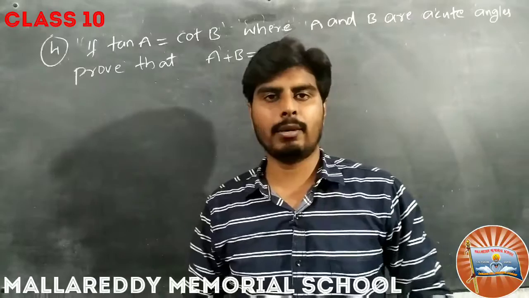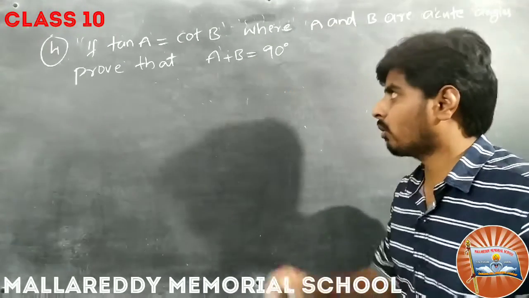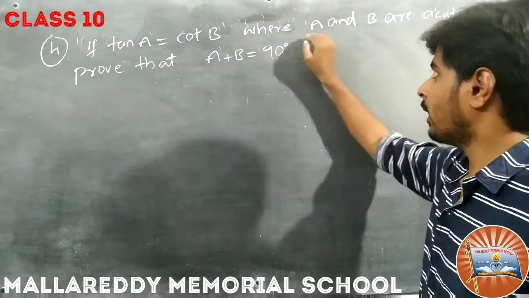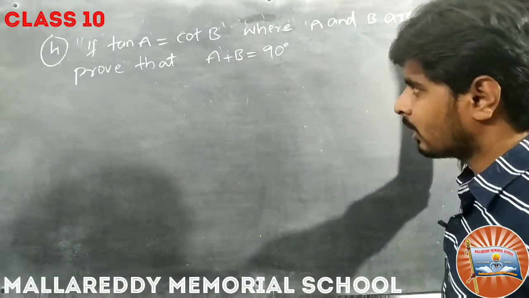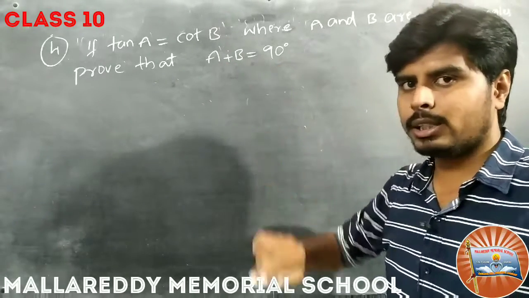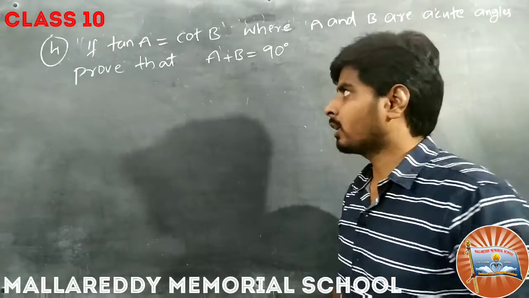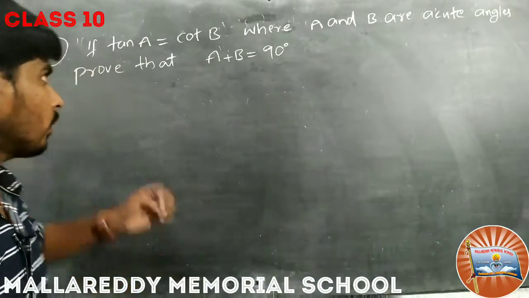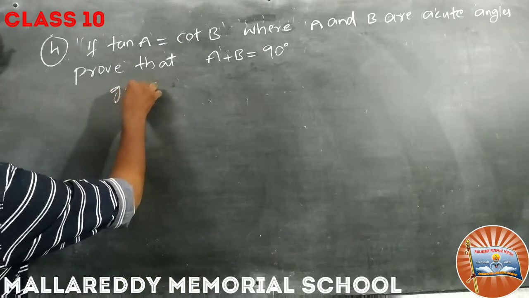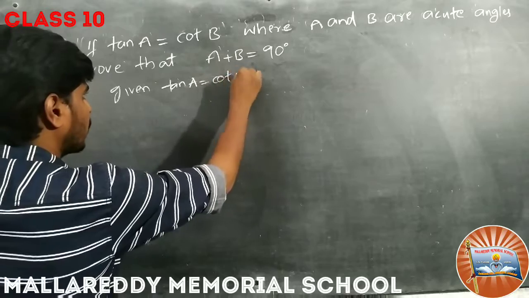Now exercise 11.3 problem number 4. Look at the question. If tan a equals cot b, where a and b are acute angles, prove that a plus b equals 90 degrees. It means they are complementary angles, okay, right. So given tan a equals cot b, isn't it?